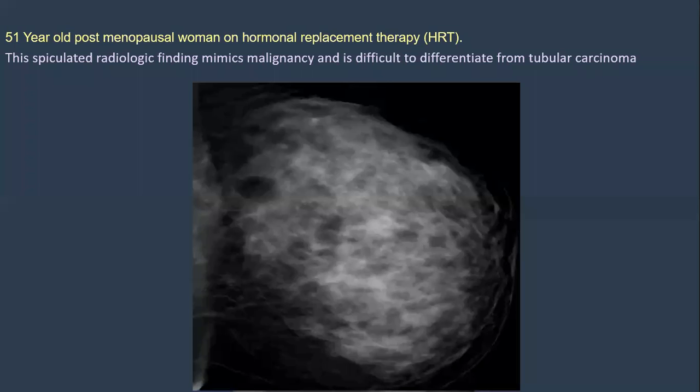I can see it posteriorly at the center. Do you mean this? No, this is part of the parenchyma. Okay, the most dense area. Excellent. Where? At the middle. Yes. At the middle.